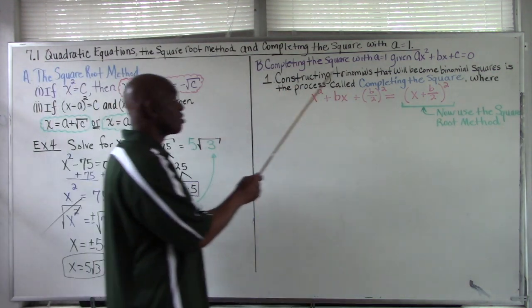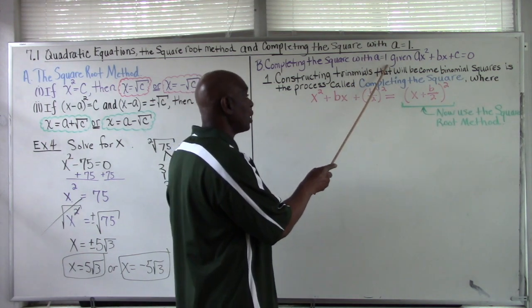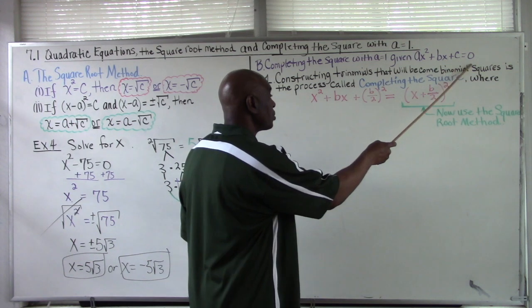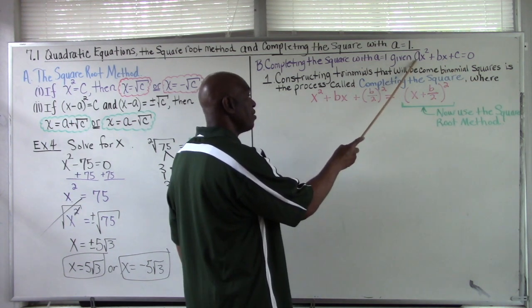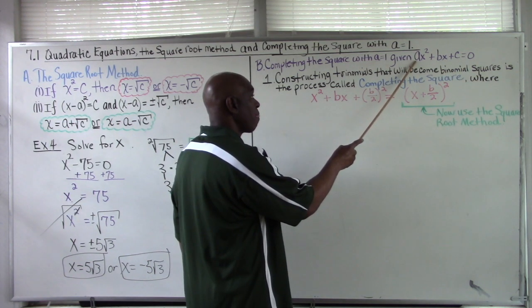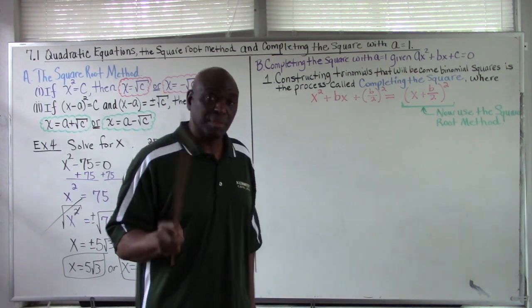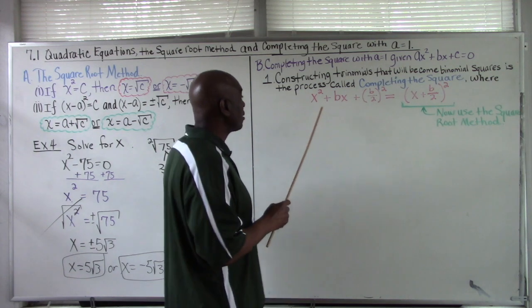So, if we are completing the square with a equals 1, given ax squared plus bx plus c equals 0. That means that the lead coefficient, this a right here, has to equal what number? 1. A must equal 1. Okay?